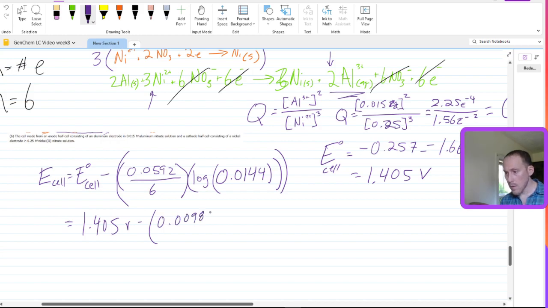So that's Faraday's, or the 0.0592 divided by 6 is that. The log base 10 of 0.0144 is negative 1.841, blah, blah, blah. Multiply those together, that's a volts.